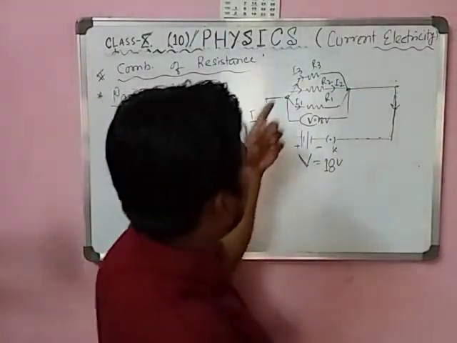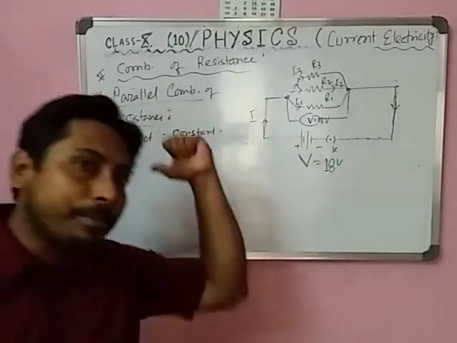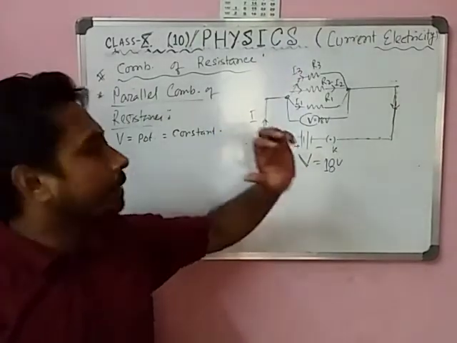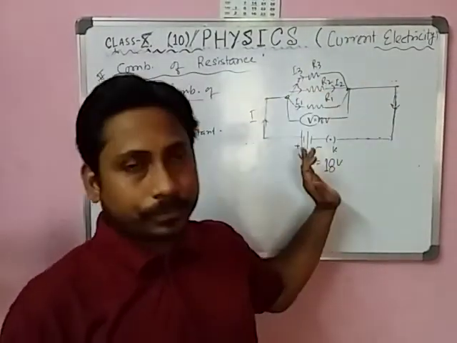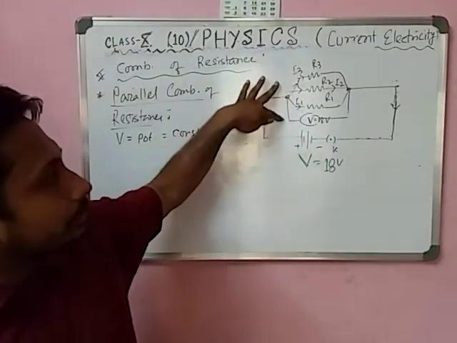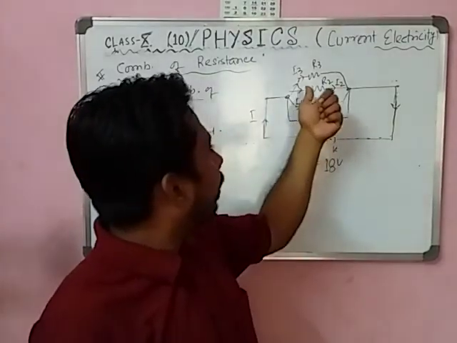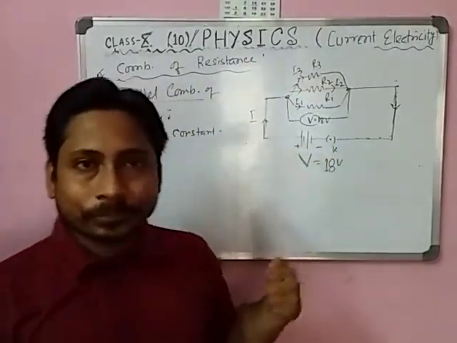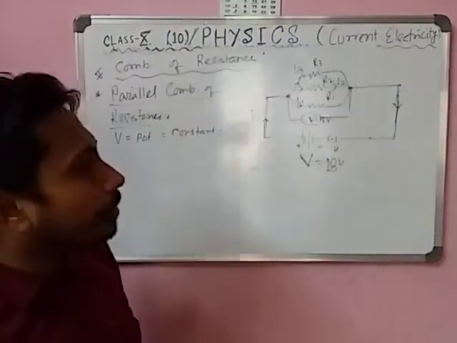Here I actually divides into three parts because there are three paths. In the previous diagram, you can remember there is a single path, so single current flowing. But in this case, three different paths having three different currents, I1, I2 and I3.